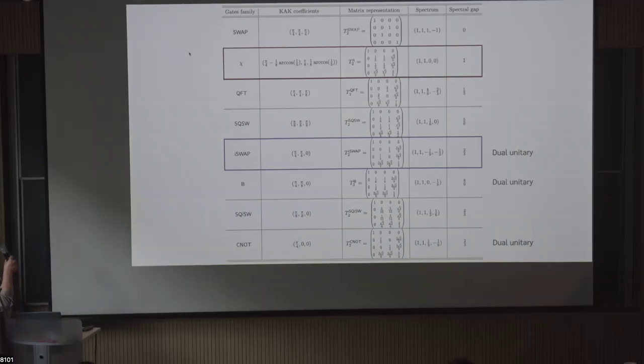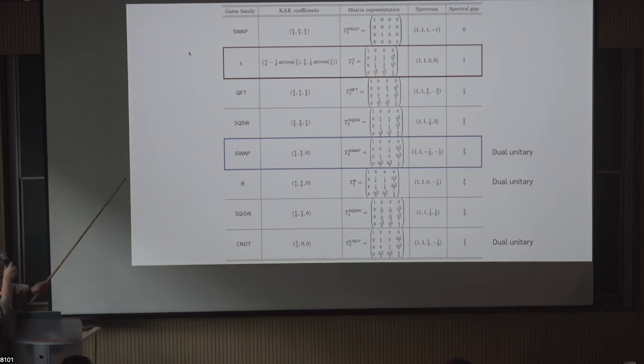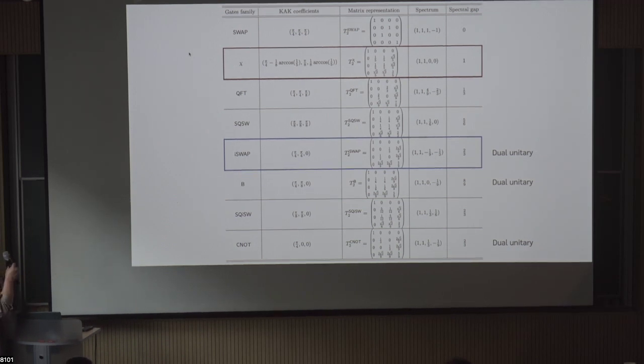The special thing about it is that its effective spectrum is exactly 1, 1, 0, 0, which is the same as the Haar measure. So by plugging this into the definition of the spectral gap, it is exactly 1. So this already gives us exact 2 and 3 designs.